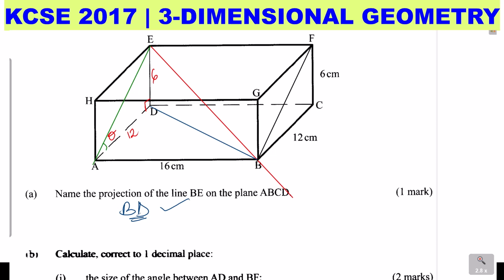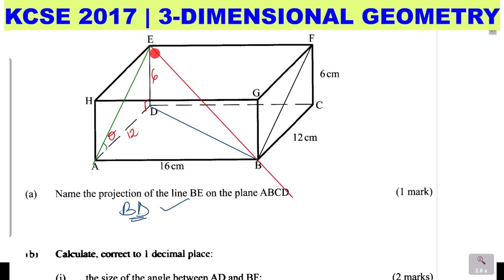To get the angle between a line and a plane, we usually get the angle between that line and its projection on that given plane. For the first part, we got the projection of line BE on the plane ABCD, and the projection was BD.